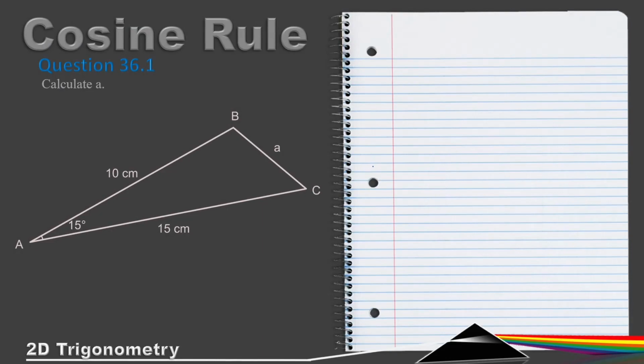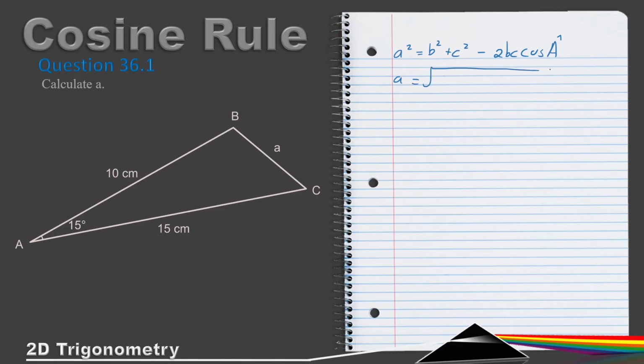Now after you've done this, to calculate a, we are going to use the formula a squared is b squared plus c squared minus 2bc cos a. So let's just solve for a.